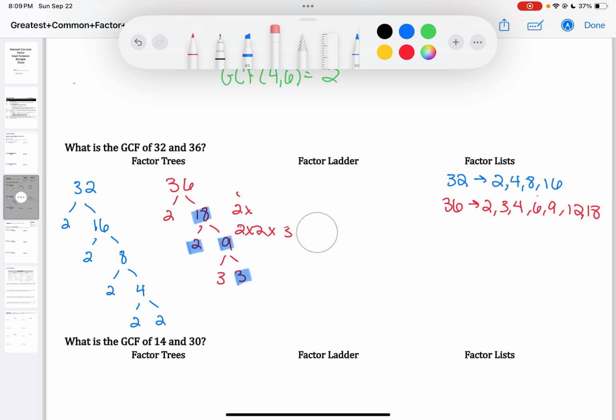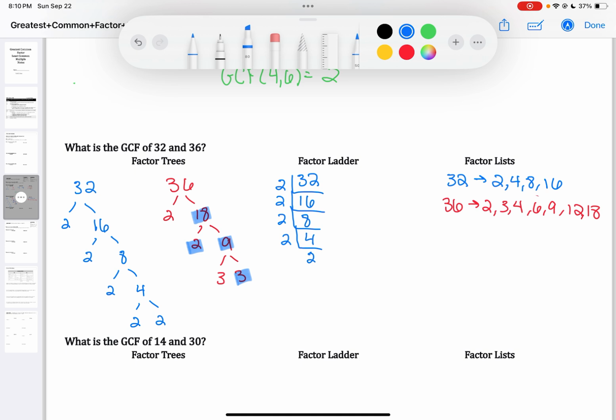Okay, now I can go ahead and erase this and do the same thing, but with my factor ladder. So 32. 32 divided by 2 is 16. 16 divided by 2 is 8. 8 divided by 2 is 4. 4 divided by 2 is 2.